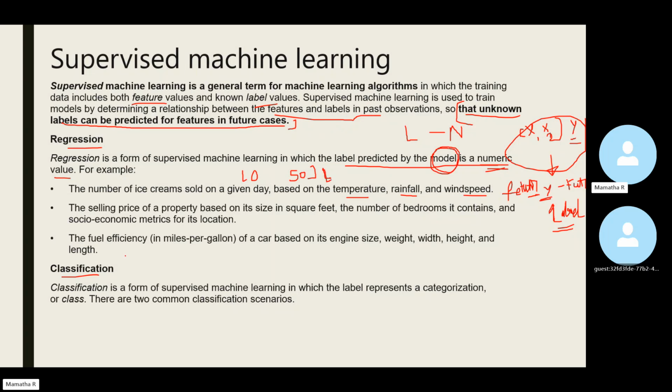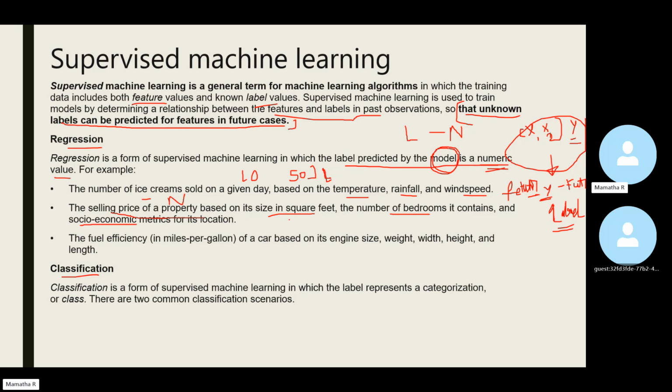Another example is the selling price of a property based on its size in square feet. The selling price is a numeric value. Here the features may consider different values, like the number of bedrooms and socio-economic metrics, which we can't give in numeric form only.